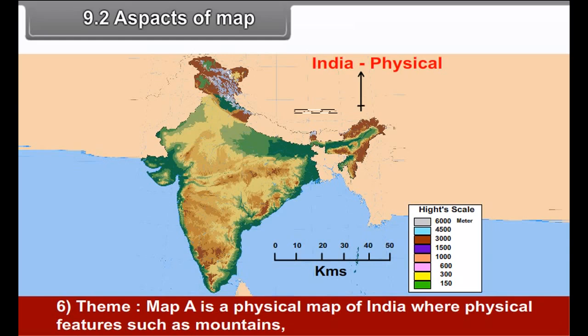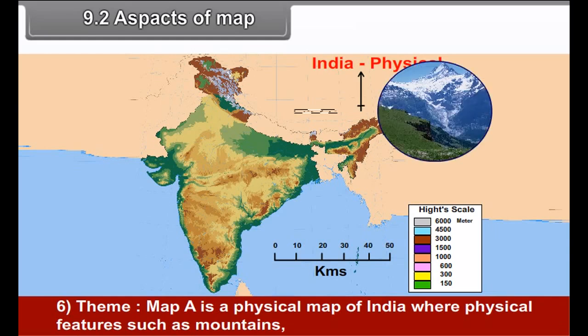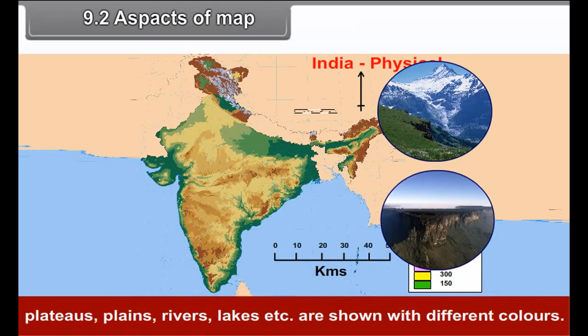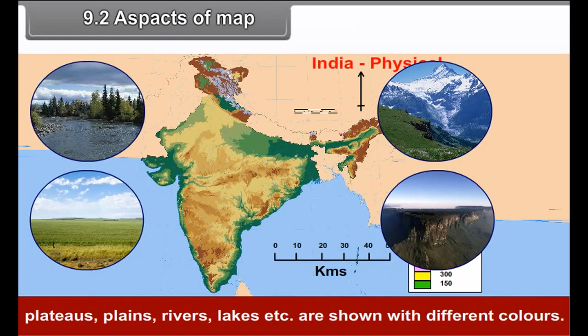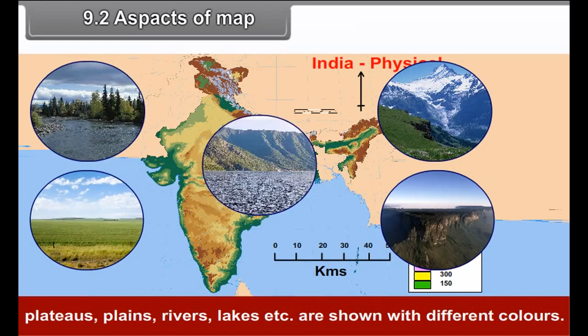6. Theme. Map A is a physical map of India where physical features such as mountains, plateaus, plains, rivers, lakes, etc. are shown with different colors.